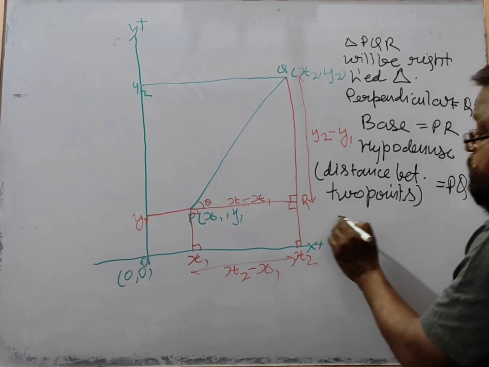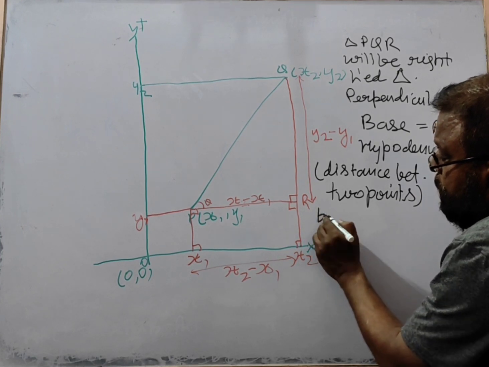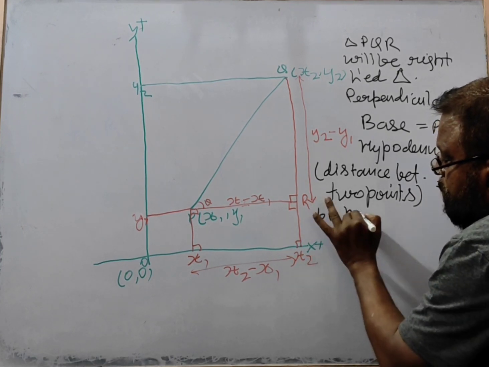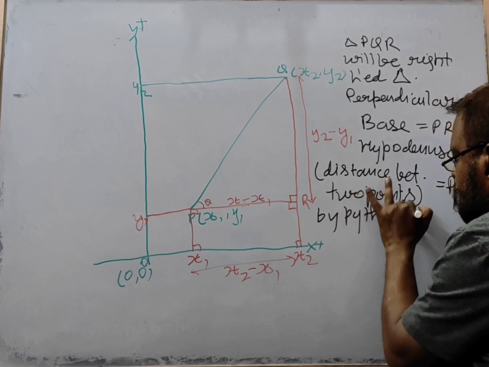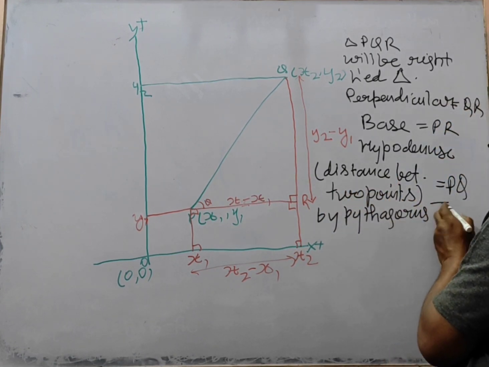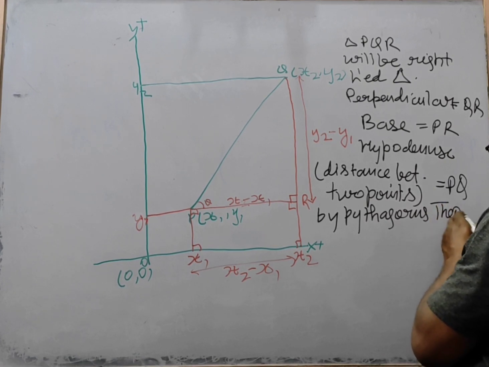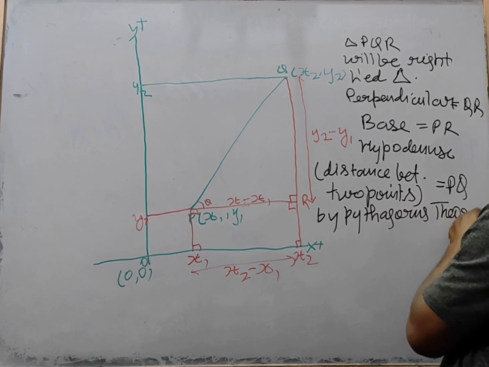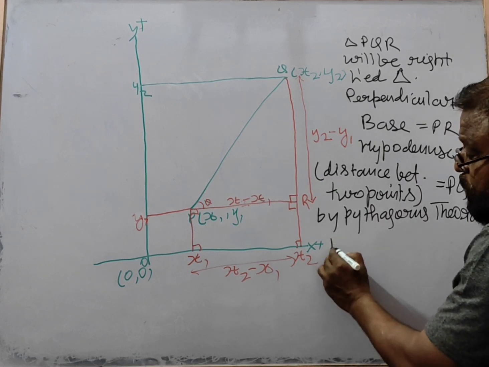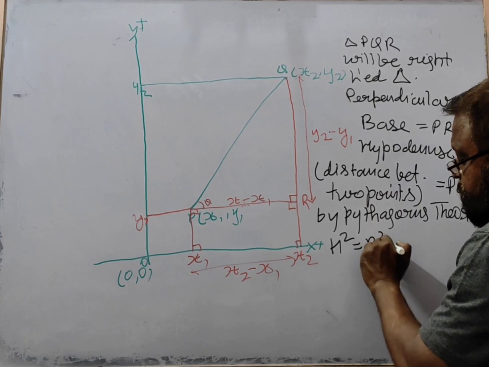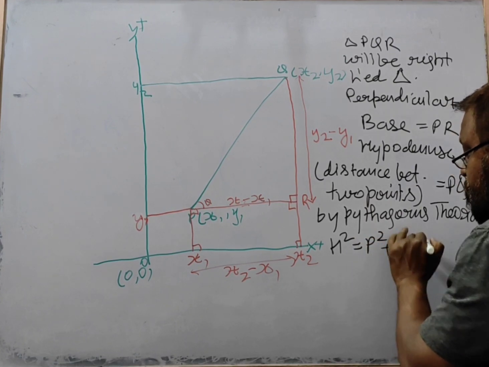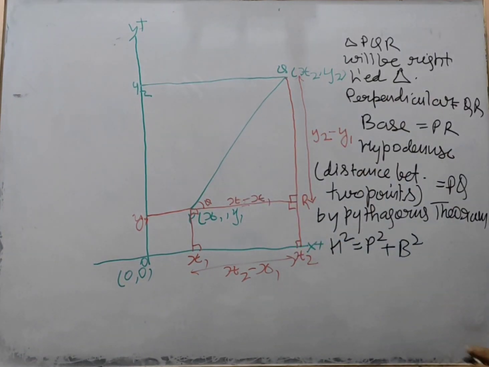So by Pythagoras theorem, hypotenuse square is equal to perpendicular square plus base square, right? Hypotenuse is PQ.